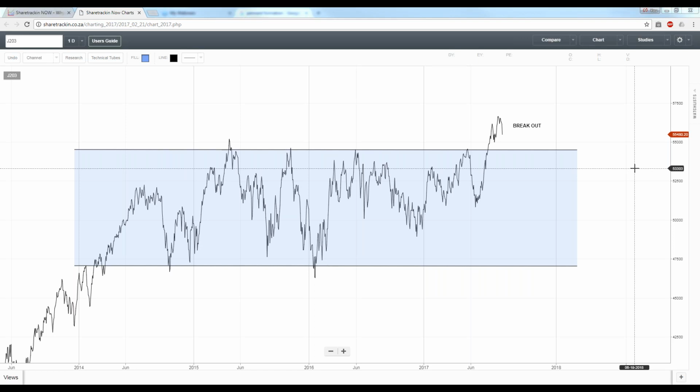But then at the other end, if you've got a double bottom or a triple bottom, for instance, that is a really good sign of a great support level, which means that at a specific value or a specific level, we see that a lot of investors start buying the share. They see the share as being undervalued, right? So investors and traders alike do use support and resistance levels to try and determine the right time to get into the market. That's fortunately the thing about technical analysis. It helps you to try and discern the right time to get into the market.